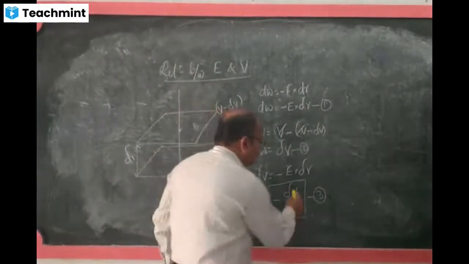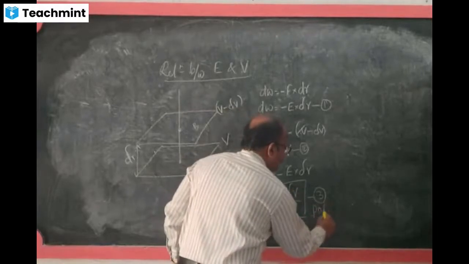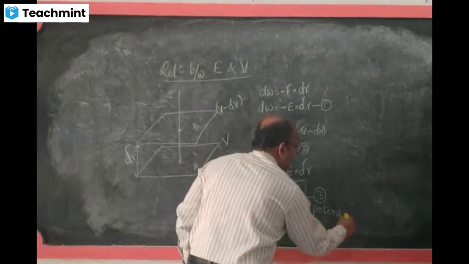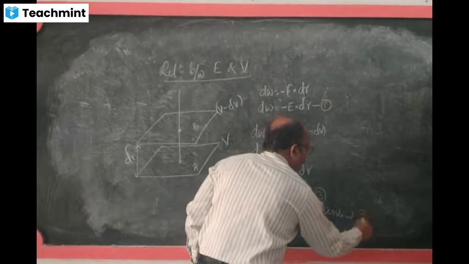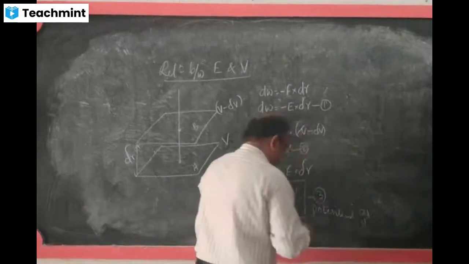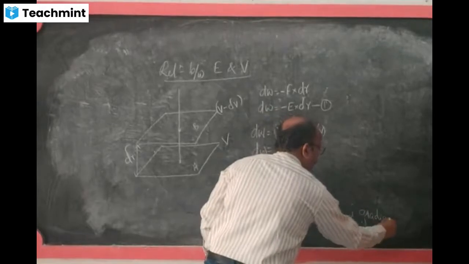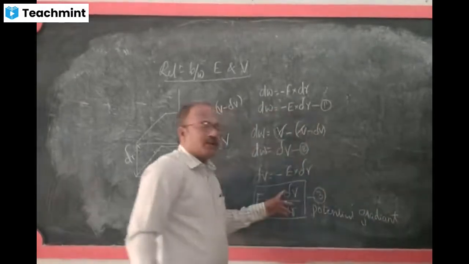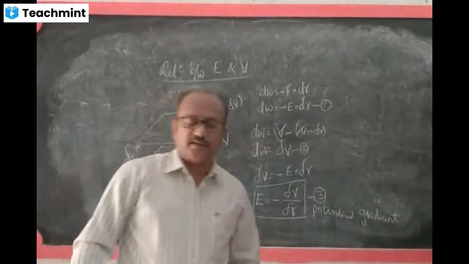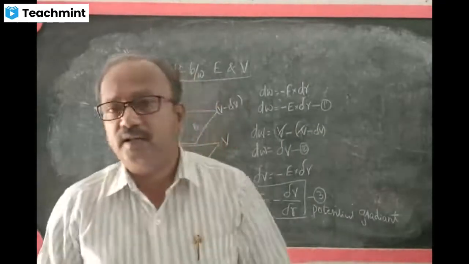This ratio is called the potential gradient. So E is delta V by delta R or dV by dr.